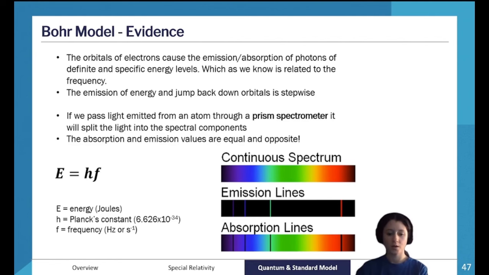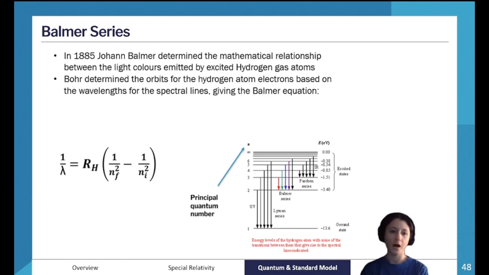So let's move on now to the Balmer series. In 1885, Balmer determined the mathematical relationship between the light colors emitted by excited hydrogen atoms. And we have a formula describing that here. So we have 1 over the wavelength is equal to R outside of 1 on n final squared, take 1 on n initial squared.